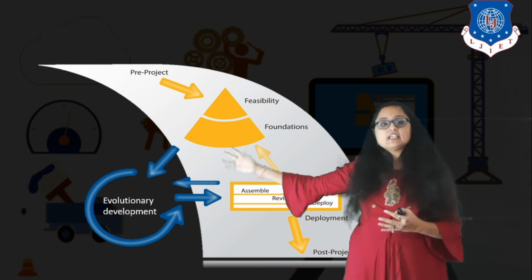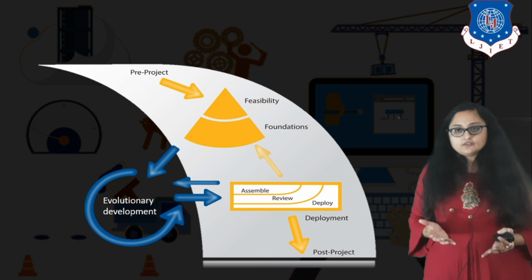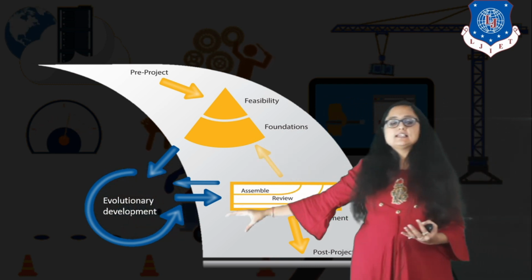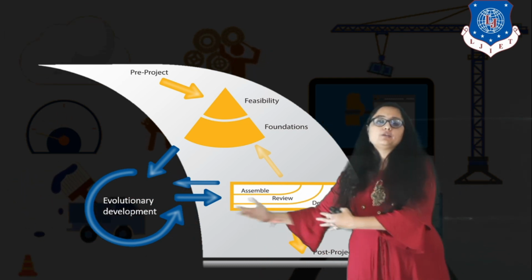And after that, evolutionary development starts, right? So it means we are assembling whatever we want, we are reviewing, we are deploying. So evolutionary release is a main trait of all the agile development models.